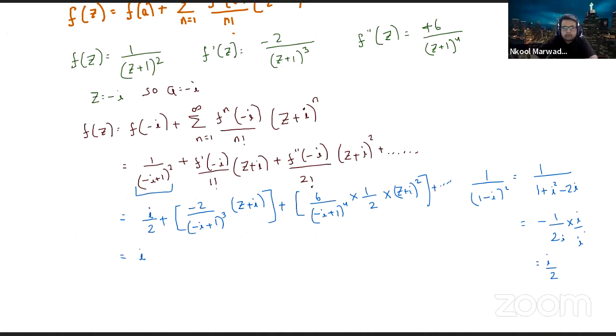I by 2 minus 2 upon, I can write, (1 minus i) whole cube. So it will become (1 minus i) into (1 minus i) square. I can write like this, and in the numerator I have (z plus i).